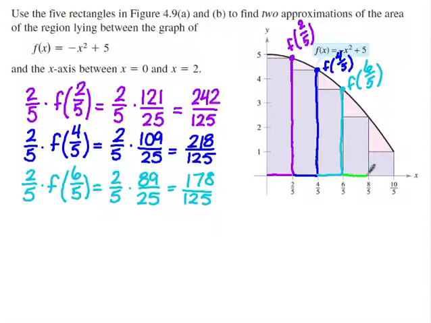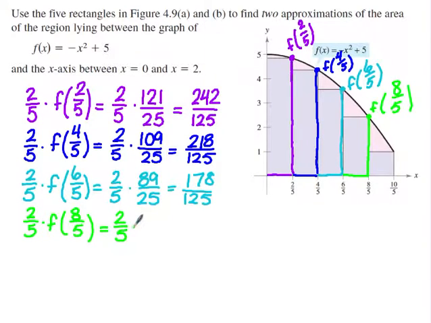Okay. So 2/5, and then f at what? 8/5. Okay. Which should be 2/5 times, yep, 61 over 25, which is 122.